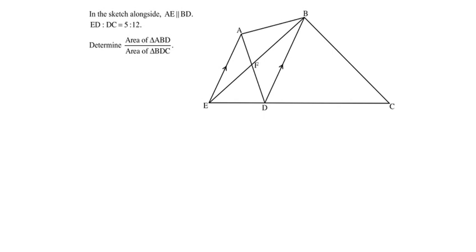And then we were told that ED is to DC is equal to that. So remember, ED is here. If it's 5, remember we put K, and then DC is 12, so we have 12K. So they say to you, determine the area of triangle ABD over the area of triangle BDC.